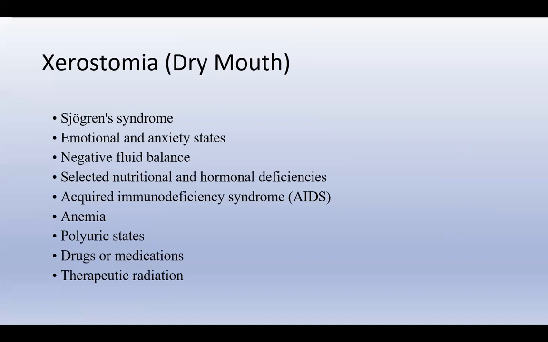If they don't drink enough fluids, they have a negative fluid balance, selected nutritional and hormonal deficiencies, patients with AIDS, if they're anemic, polyuric states, that's usually involving something in their renals, like a kidney condition, drugs or medications, and then therapeutic radiation, if they have had radiation.